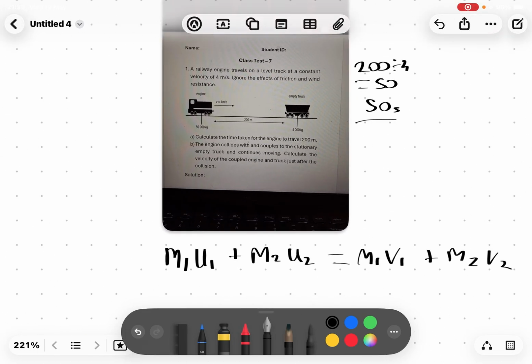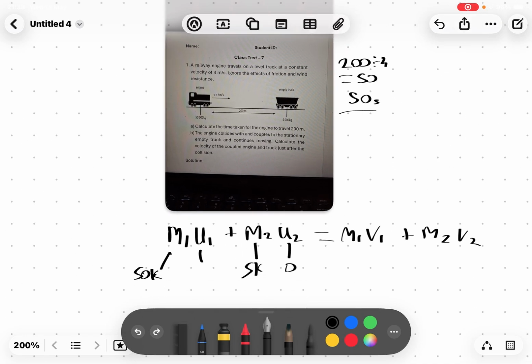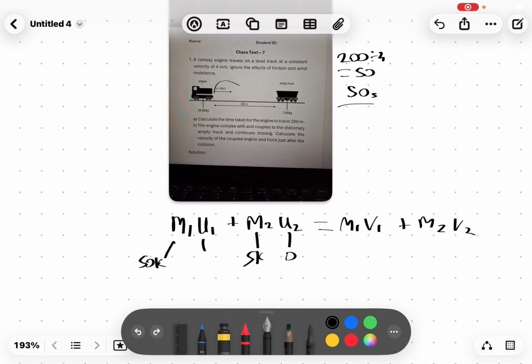So look, it says that the engine collides with the stationary one, so this initial velocity is 0 straight away. The mass is 5,000 over here, and 50,000 over here. Over here the velocity right after the collision is 4.